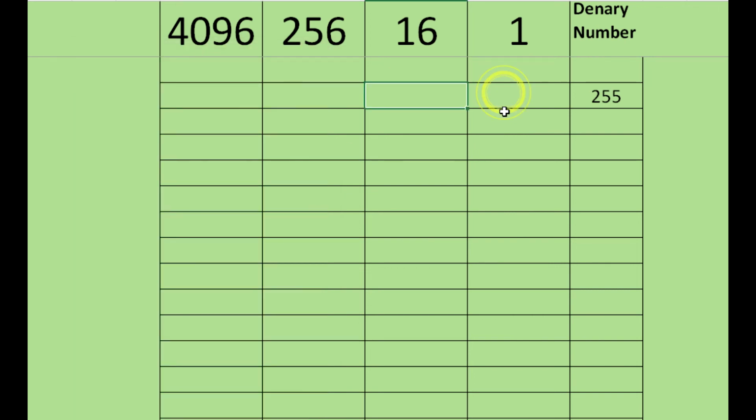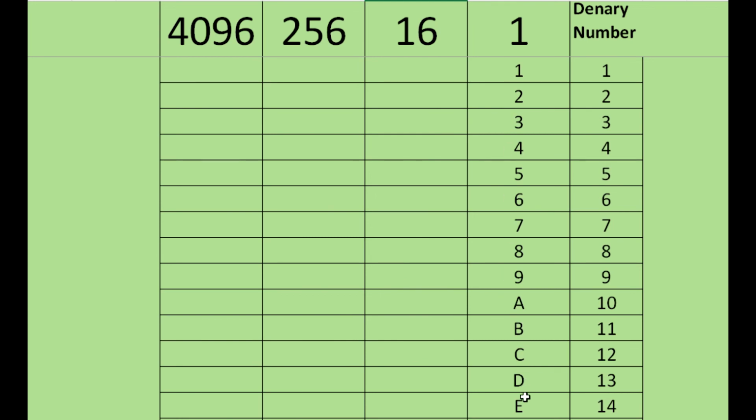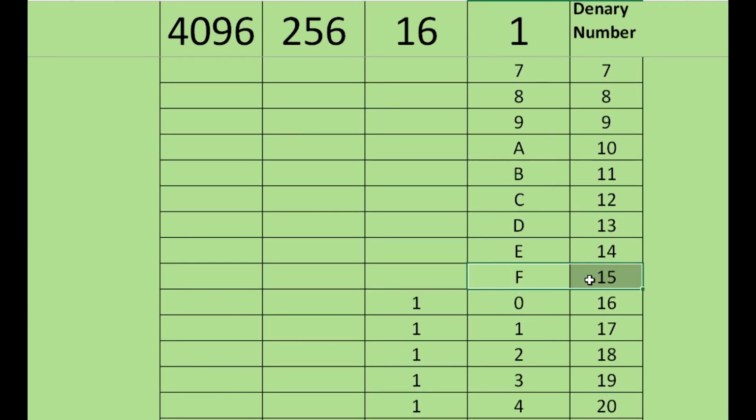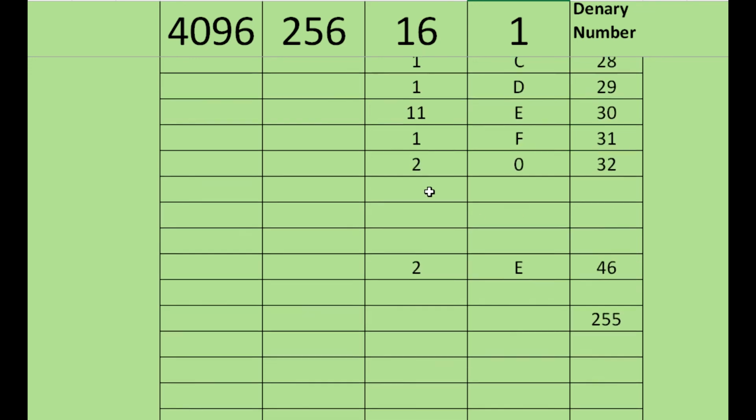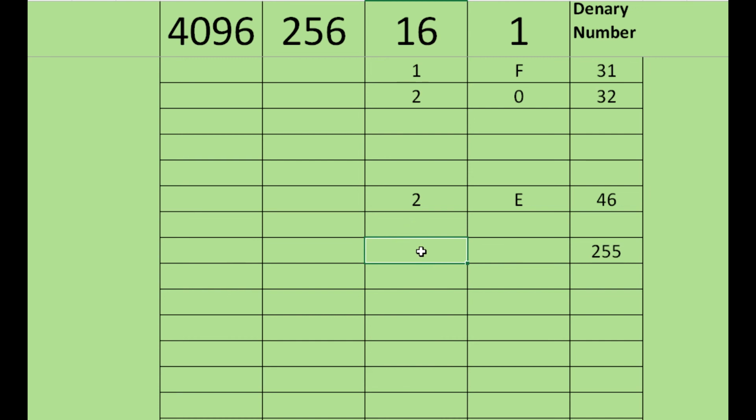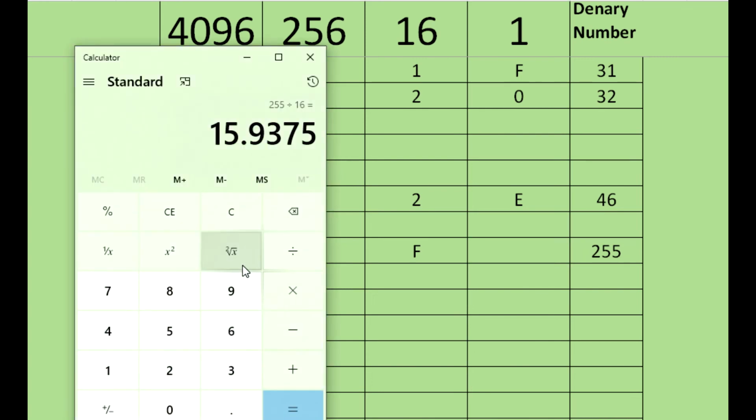Now if we scroll back up again, we know that 15 is our largest single digit number there. So back on this one then we can put an F in there. Let's go back to our calculator, so we will clear that one. So let's do 16 times 15 is 240.